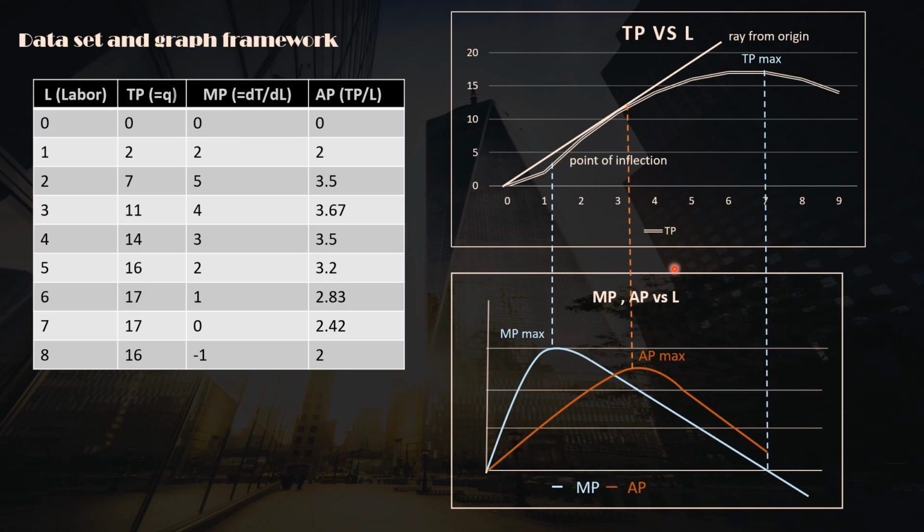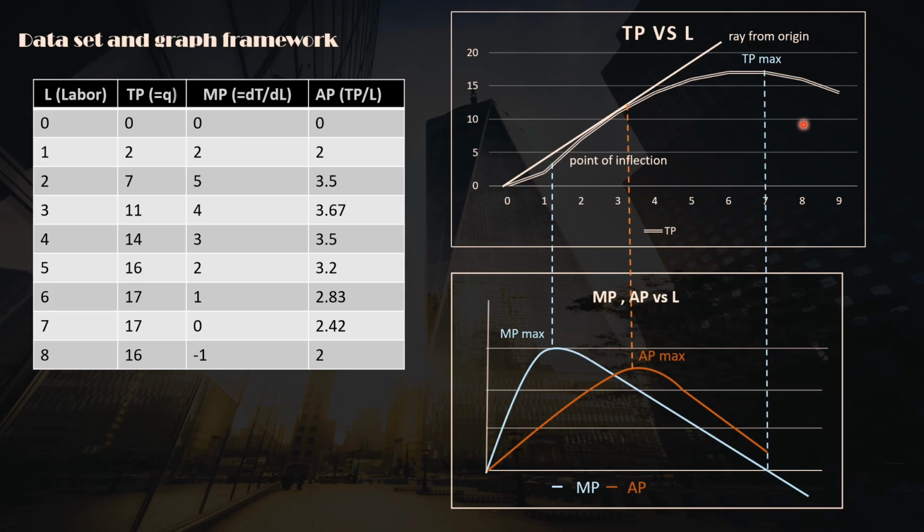But after the point of inflection, MP is decreasing. And at TP max, MP equals 0. When TP declines, MP becomes negative.